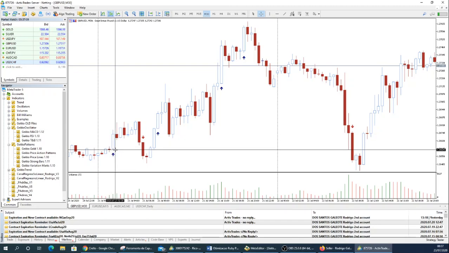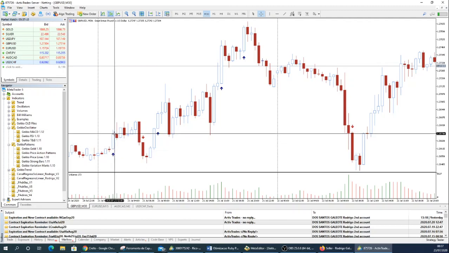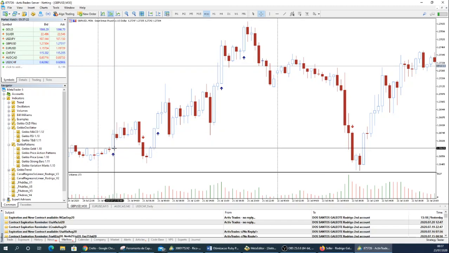If we have a very small tail, and then a very long body, you have another sign that this is gonna be a strong bar, right?